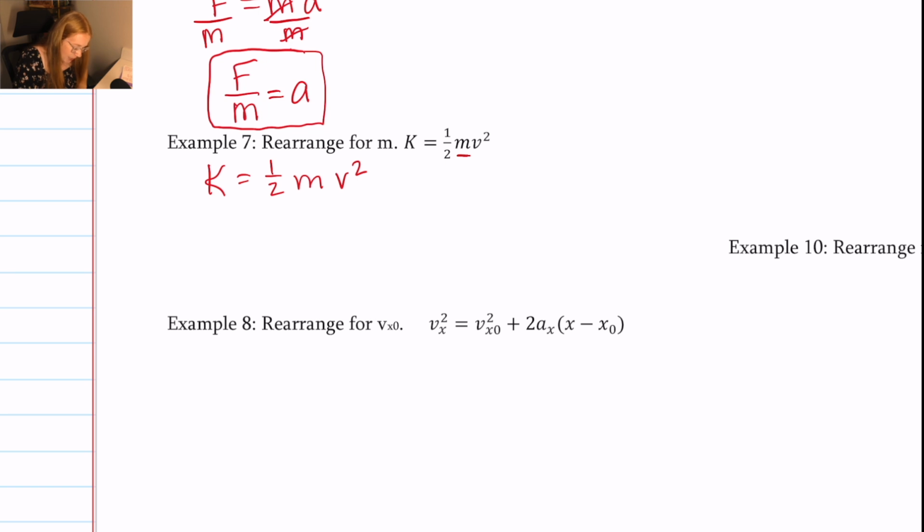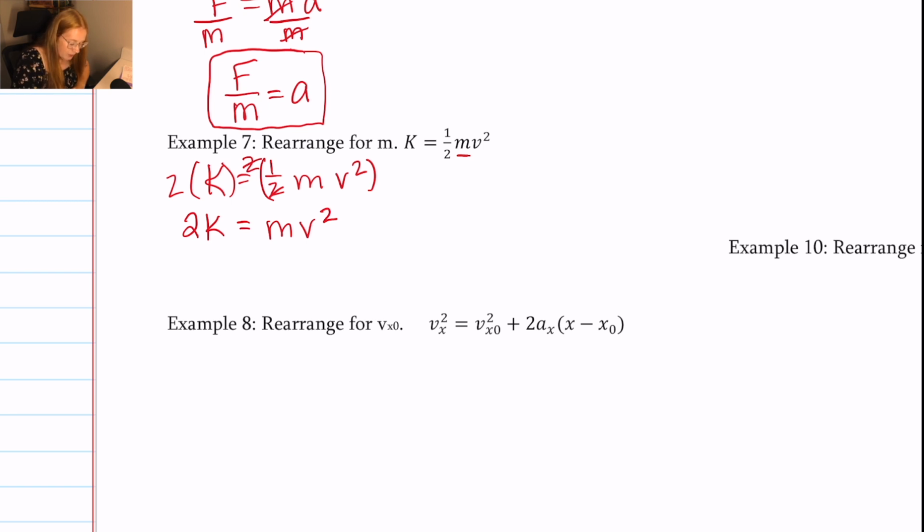If it's being divided by 2, I need to do the opposite, so to get rid of that divided by 2, I'm going to multiply by 2. Whatever I do to one side, I'm going to do to the other. Okay, so that 2 went away on the right-hand side, and on the left-hand side, I have 2k. And we don't need to take care of that 1 because multiplying and dividing by 1 does not make a difference. So I have 2k equals mv squared.